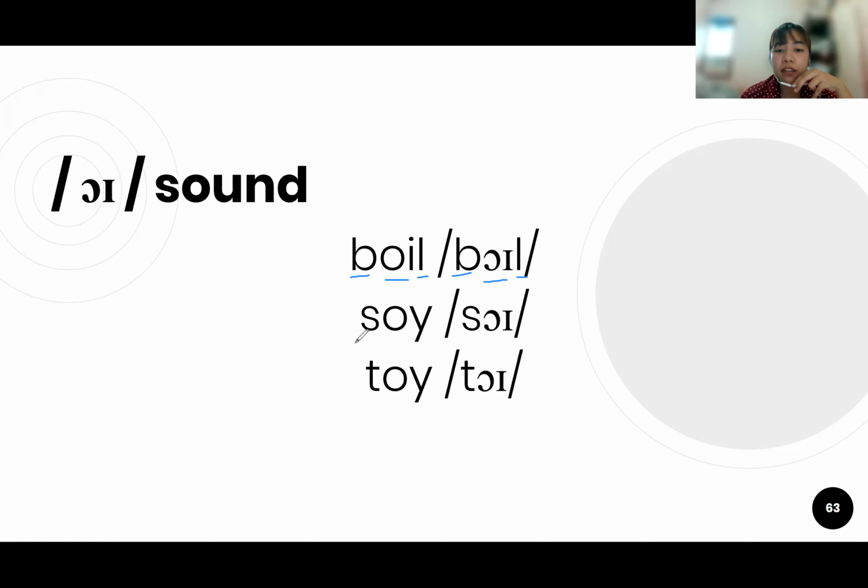Next with your soy, you have your S and OY. When you read them together, it produces the oi sound. So this is the symbol for the oi sound. So you have your S and your oi. Next, you have your toy, T, and your oi again, OY. This is the symbol, open O and your barred I.